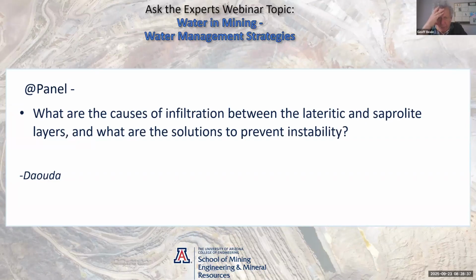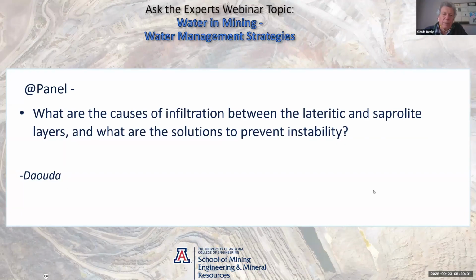In many situations you'll get good surface water runoff from a laterite, and you'll actually get much more infiltration to a saprolite than the laterite. So the laterite can be quite favorable for minimizing infiltration.